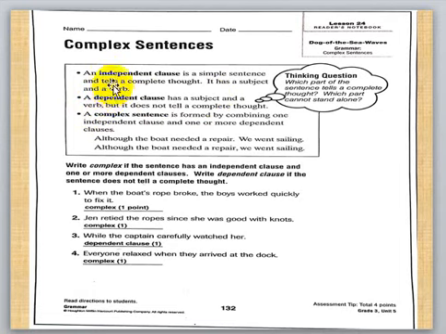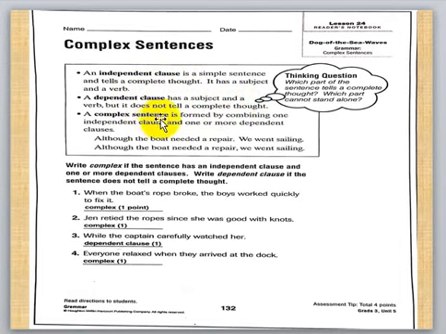No, they are not equal. This one has a subject and verb and it tells a complete thought. Yusuf plays guitar is a complete idea. But here it doesn't tell a complete thought.